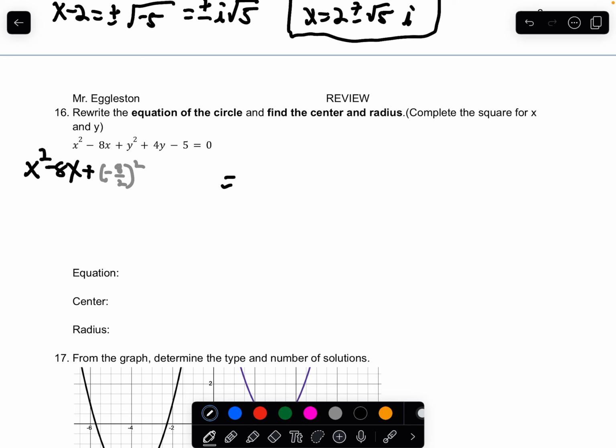I'm going to move this 5 over too, so it's 5 plus. Sorry, I should have said that. I moved that 5 over, so it's 5 plus (-4) squared. Notice I didn't write it as -8 divided by 2 because that's what -4 is. Then we've got to do it to the y. All right, I've got to move this over.